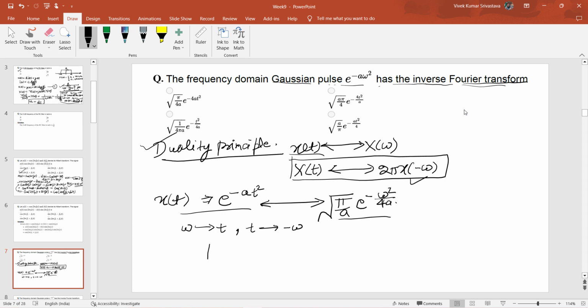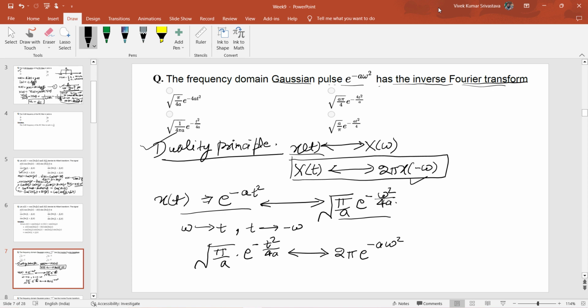So this we can write as root over pi by a into e raised to the power minus t square by 4a. Okay, so this is equal to 2 pi into e raised to the power minus a omega square.